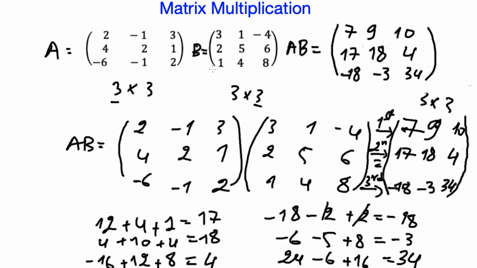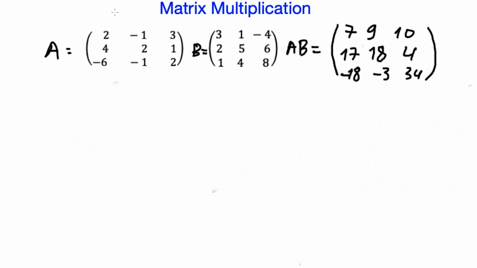Now I will compute the matrix BA, and I need to read this part to compute it here. So the matrix BA will be a 3 by 3 matrix, because you have here 3 by 3 and 3 by 3. So this 3, which is the row of this matrix, and this 3, which is the column of this matrix, will be our size for the next matrix.